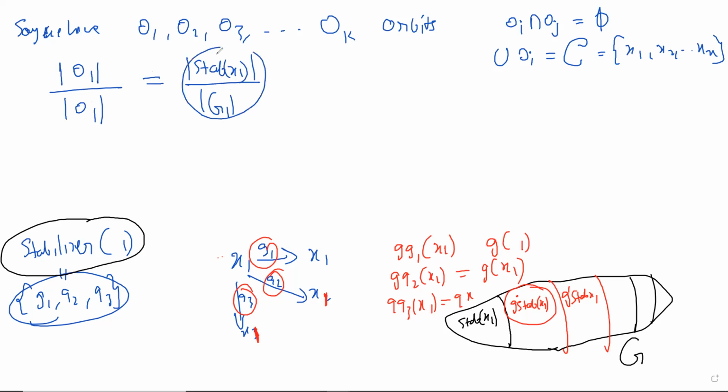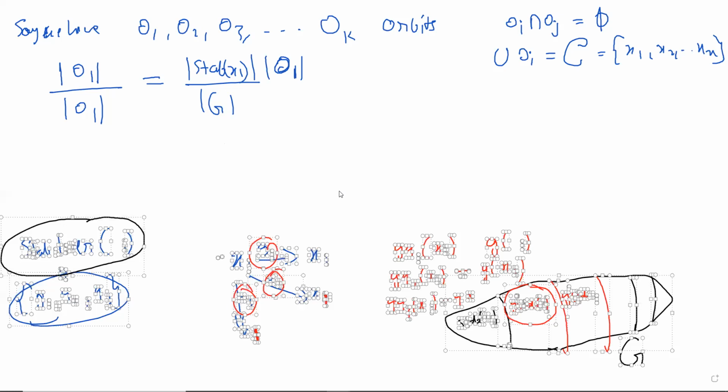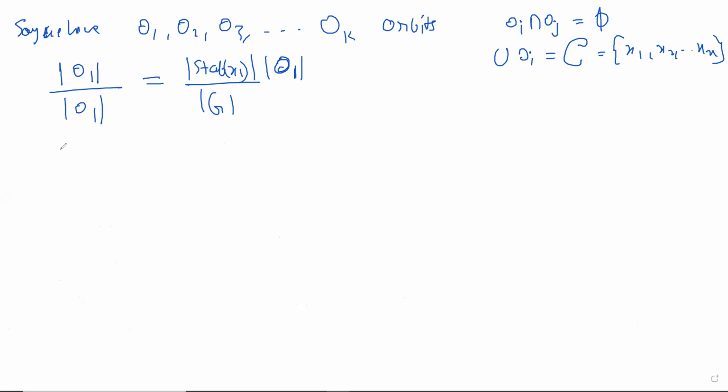Orbit 1 will be this, where x1 is some element in the orbit, some configuration. And this one I'll just keep like this. So this I can remove. Now what I'll do is sum this over all the orbits.